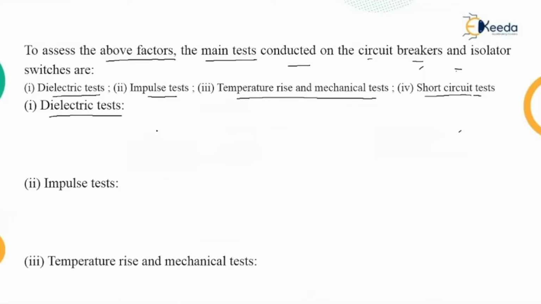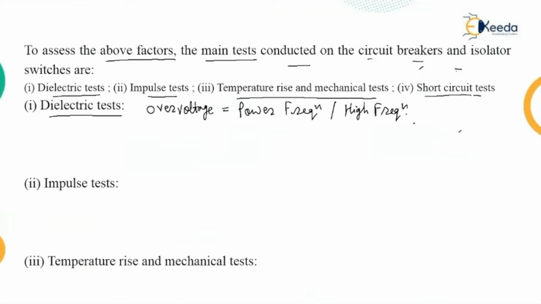It means that the circuit breaker has to withstand this over voltage of power frequency, lightning and switching impulse voltage, etc. So here I can mention that it is over voltage, that may be of power frequency or high frequency, and high frequency is nothing but the impulse voltage.